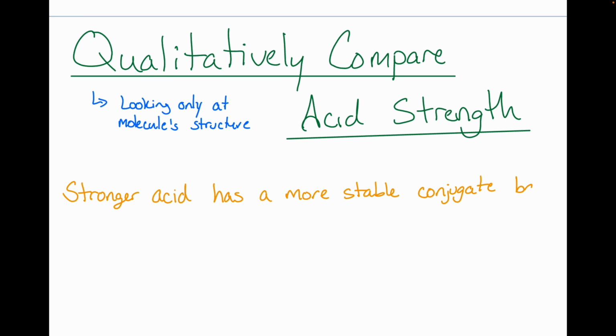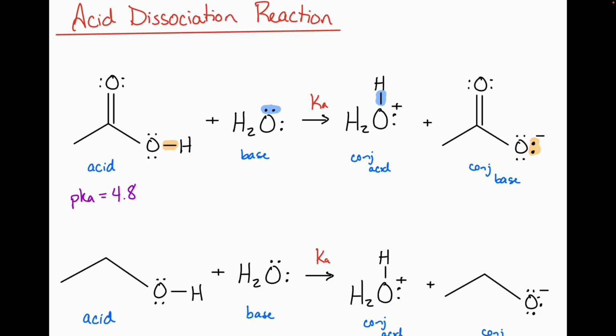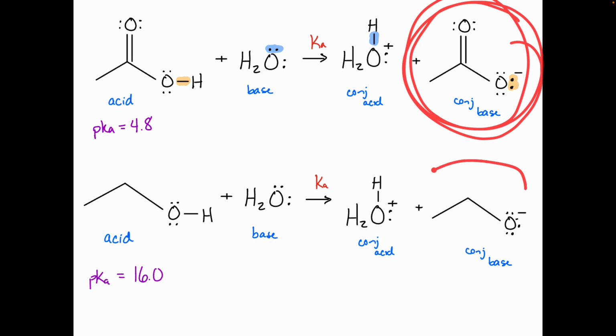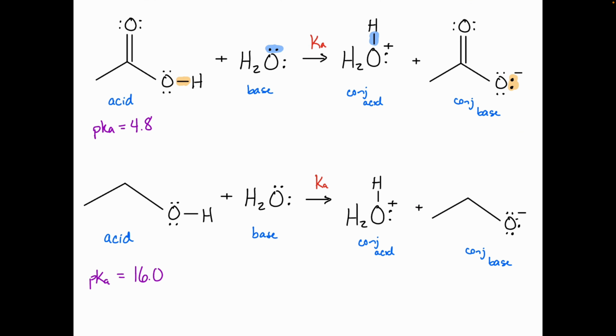So we're going to be looking at structural features here, but really we're not so much concerned about the acid. We're really looking at the structural features of its conjugate base, because that's the key to how strong that acid is. Going back up here, we said that acetic acid was a stronger acid than ethanol. The way I can tell that just by looking at the structure is by comparing the conjugate base of acetic acid to the conjugate base of ethanol.